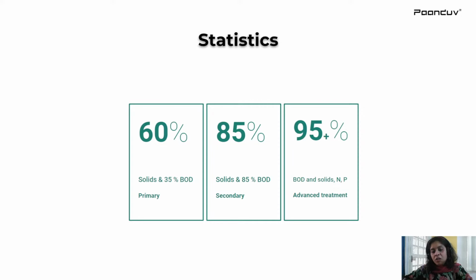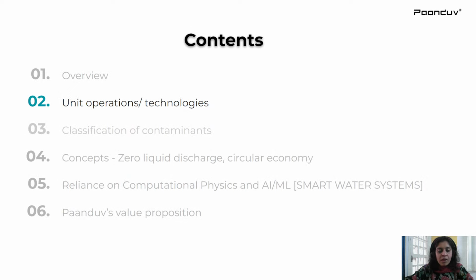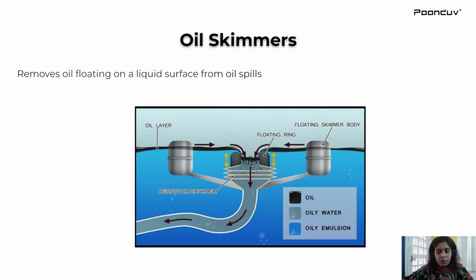For advanced treatment, solid removal is around 95+%, and you are eliminating the nitrogen species and the phosphorus species, etc. Now, let's talk about the unit operations and technologies that are used in industrial wastewater treatment.